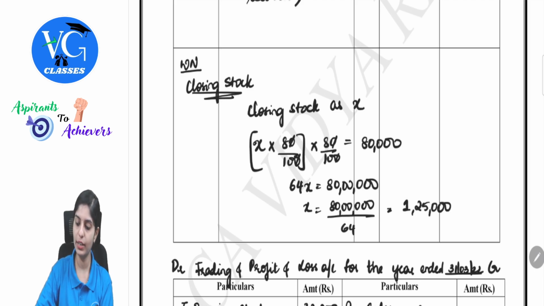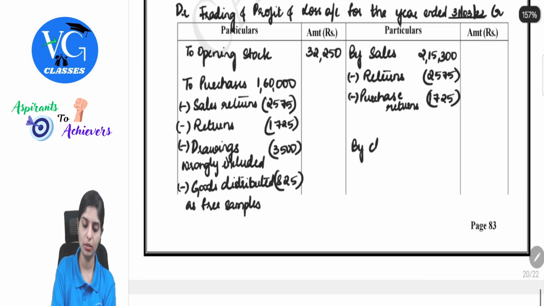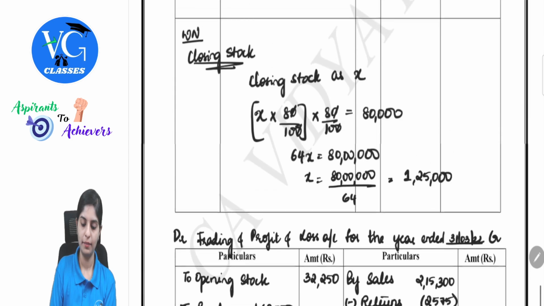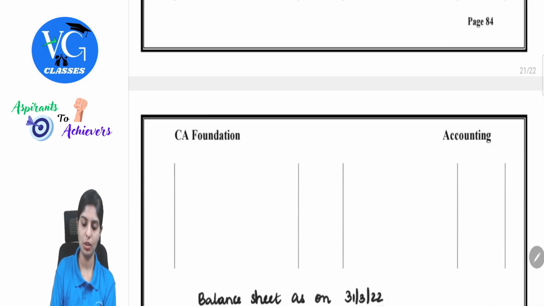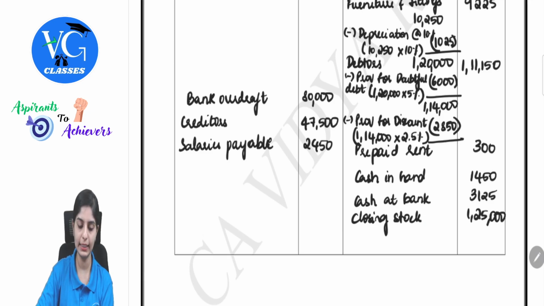So if you recalculate, 1 lakh 25,000 into 80% is the real value of stock. On top of it, 80% is what they are giving as bank overdraft. So the closing stock is 1 lakh 25,000. This closing stock will again come in the balance sheet. 1 lakh 25,000. Clear, guys?